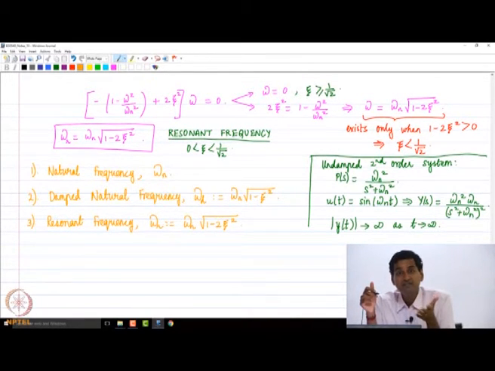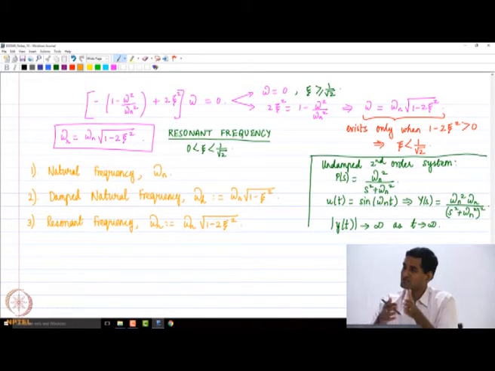Resonance and resonant frequency still correspond to a stable second order system, but it is bad in practice because of the amplification of the oscillations. What is the magnitude of g of j omega physically? If you recall our derivation, the steady state output was the magnitude of the input times the magnitude of g of j omega.